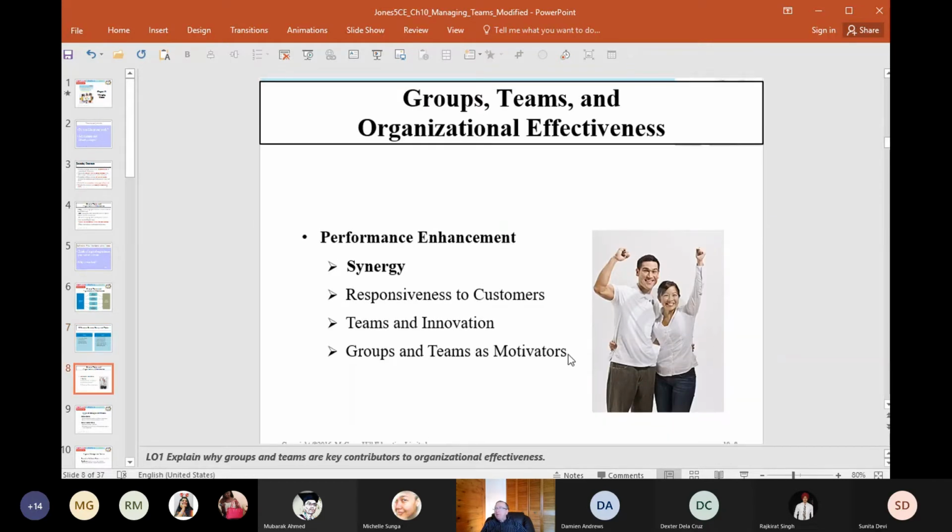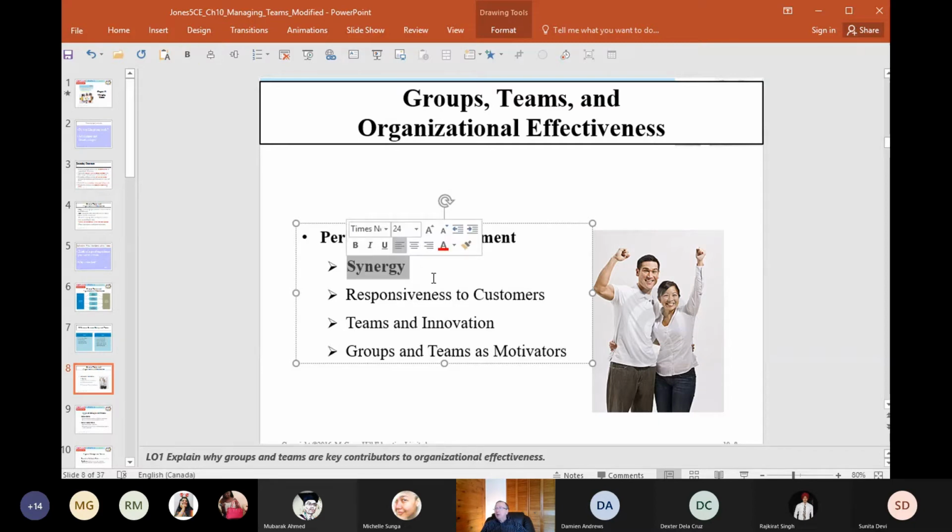So a team can enhance performance, especially because of four reasons, but I would suggest that the first one is probably the most important. It's called synergy. And synergy basically means that the sum is bigger than the addition of the parts, right?